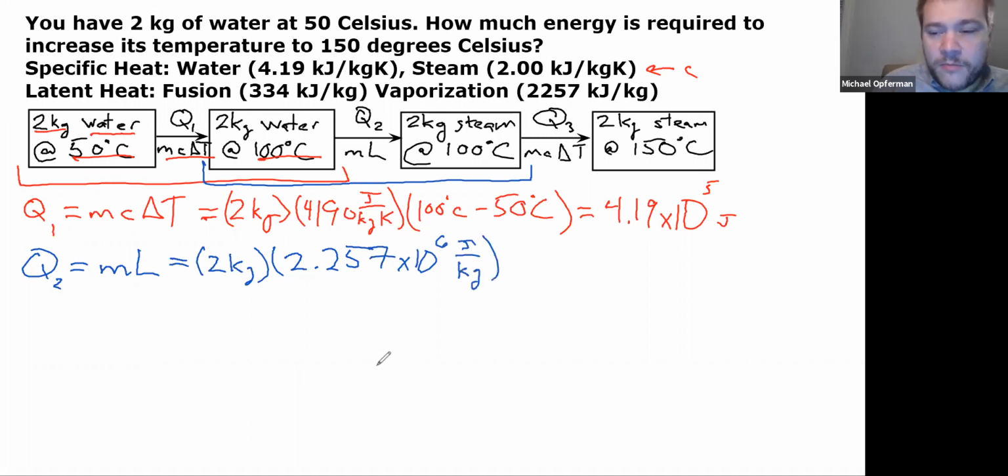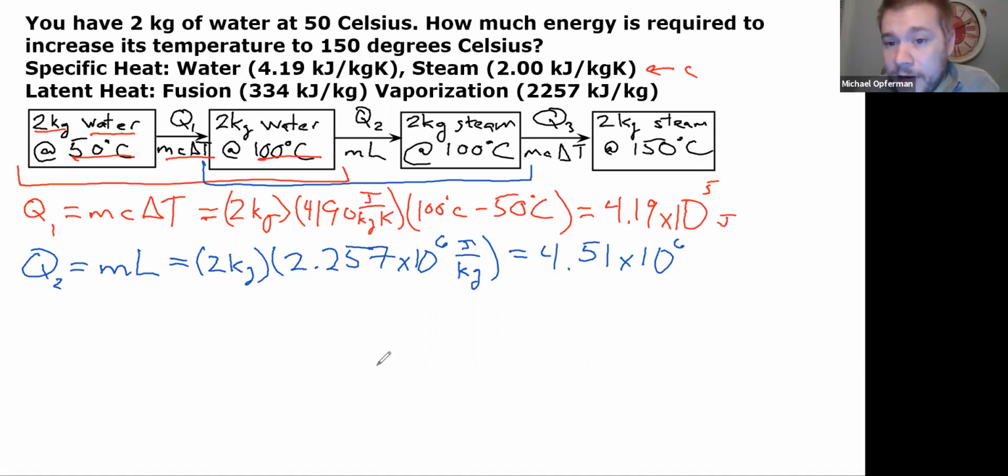I picked up 10 to the 3 from moving the decimal point and another 10 to the 3 going from kilojoules to joules for a total of 10 to the 6. Okay, and that gives me 2.257 times 2 is 4.51 times 10 to the 6.